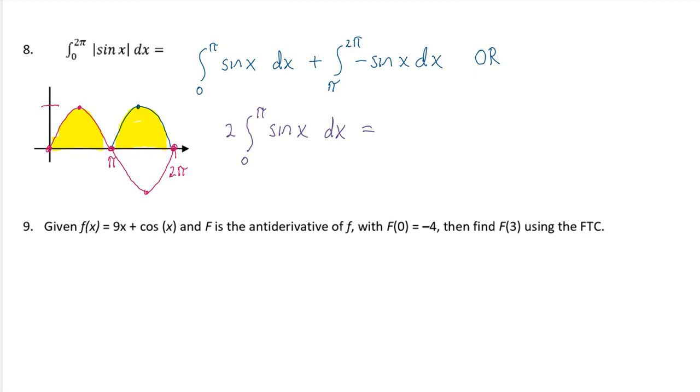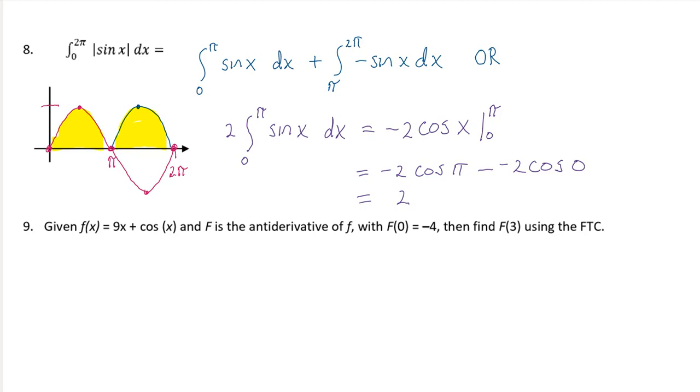So the integral of sine x is negative cosine of x. Remember, cosine has a negative derivative, so I need a negative in front, and I still need the 2 in the front. And we're going to go from 0 to pi. So if we plug in here, we get negative 2 cosine of pi minus negative 2 cosine of 0. And this turns out to be cosine of pi is negative 1 times negative 2 is 2.